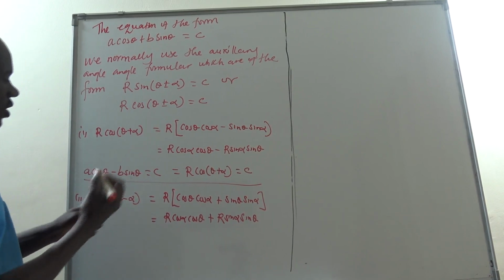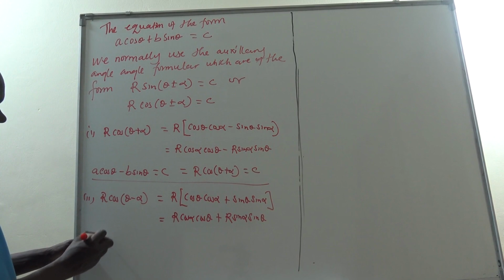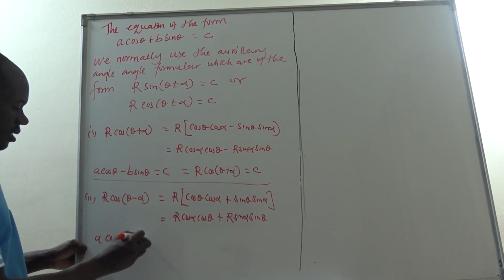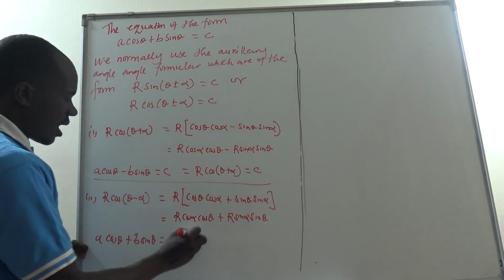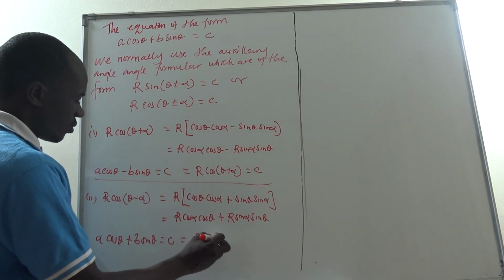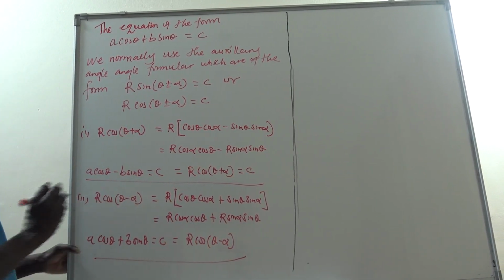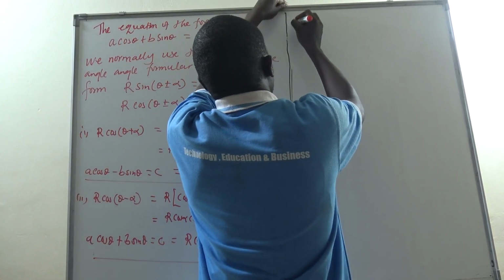So when you find that the equation is in the form a cos theta plus b sin theta equals c, we just use r cos(theta minus alpha) to solve the rest.